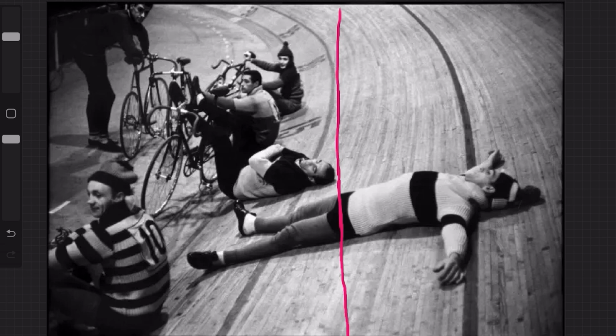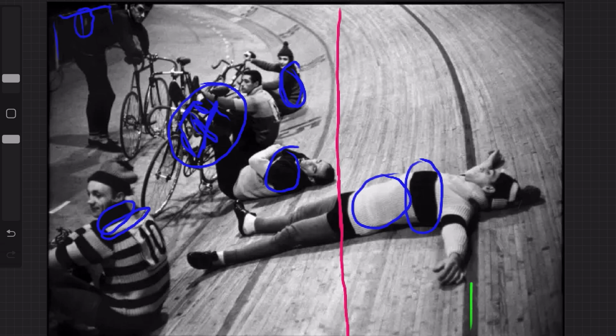But in this guy over here, we can see such a blend of black, and the only way that we can see that his body is there as well is because of this, but also because of this little fence right here. That's the only way we can see the difference between him and the fence, which is very interesting.